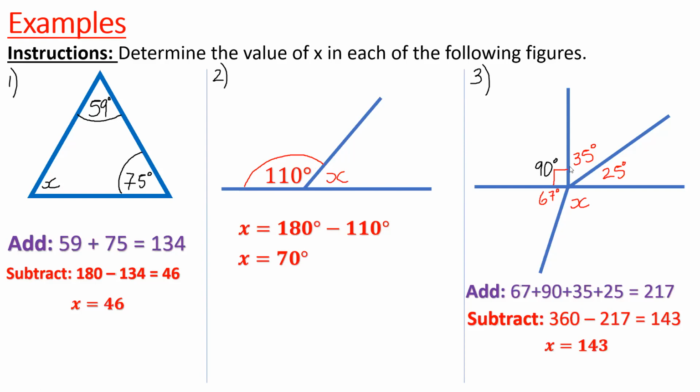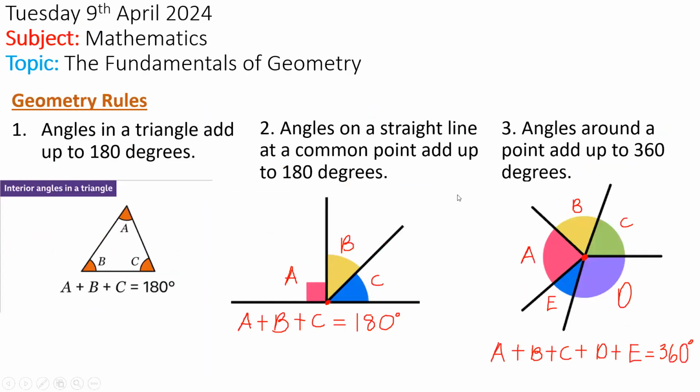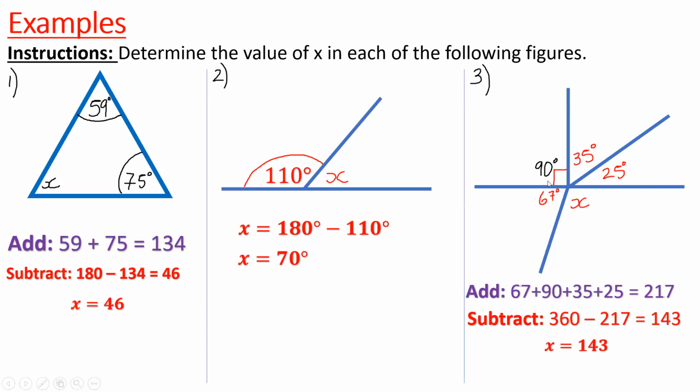Do you understand how we got this one? No, sir. Okay, with this one, do you have the first notes? I was writing it down. Okay, the third one says angles around a point add up to 360 degrees. That means that 67, 90, 35, 25, and X add up to 360. So we first add 67, 90, 35, and 25.